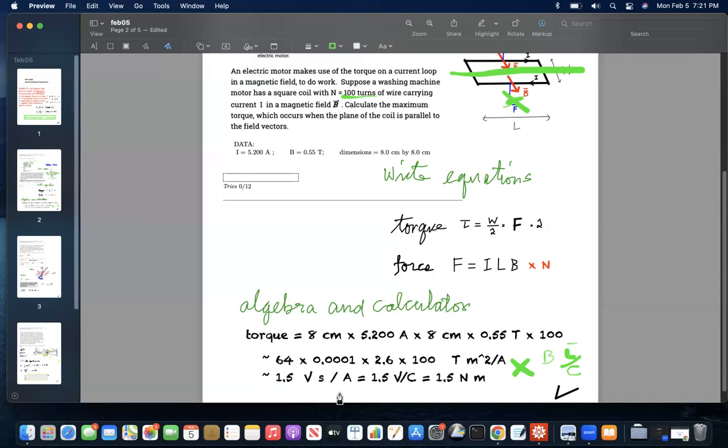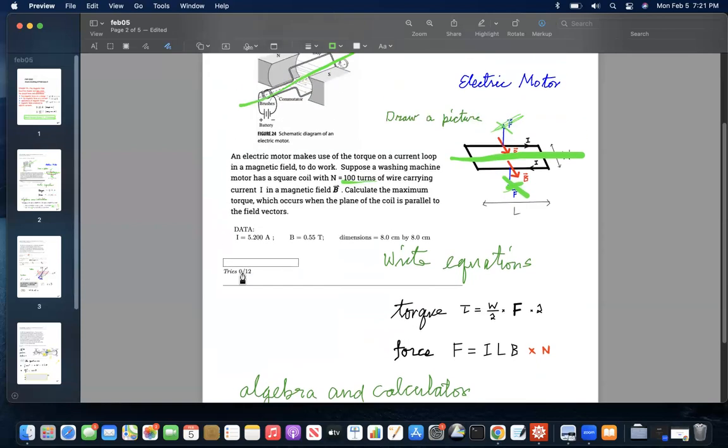So I've got a little mistake here. You can always check your units because I know it has to be Newton meters for torque. So I have here joules has the same units as Newton meters. So anyway, that's what goes in here. This is only approximate, but you can do it more accurately with a calculator. Should be close to 1.5 Newton meters.